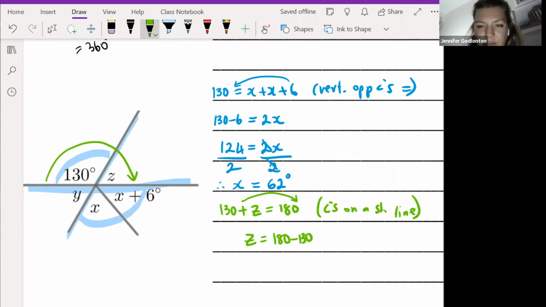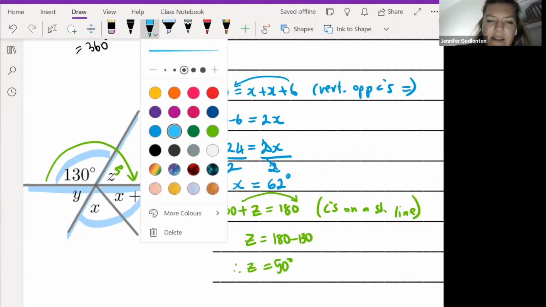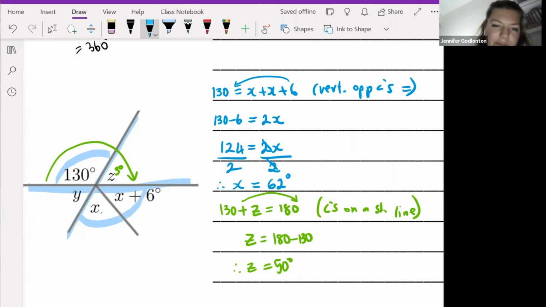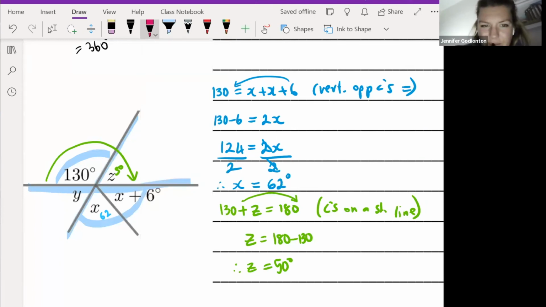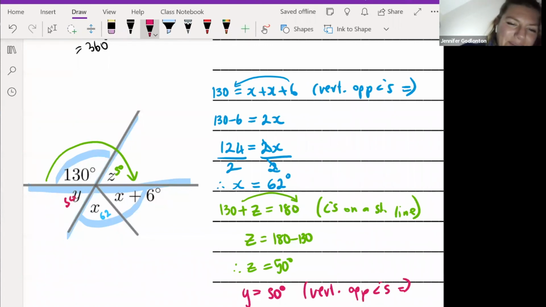So z is equal to 50 degrees. Good. Now we know z and x. The last one we need to figure out is y. 50 is equal to y, reason vertically opposite. Yes, well done. You smashed that question.